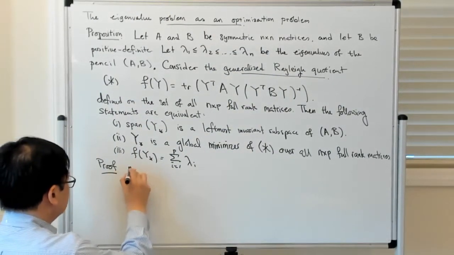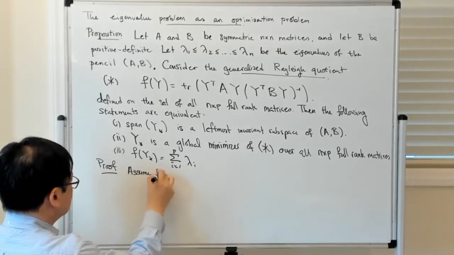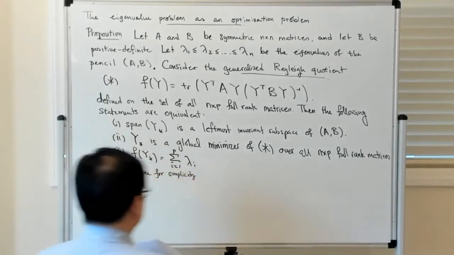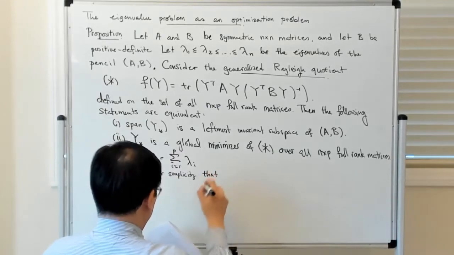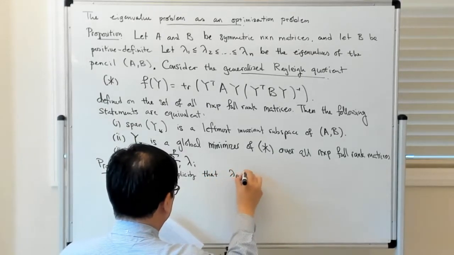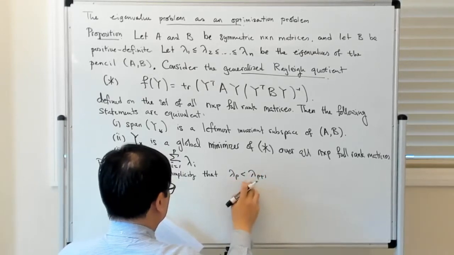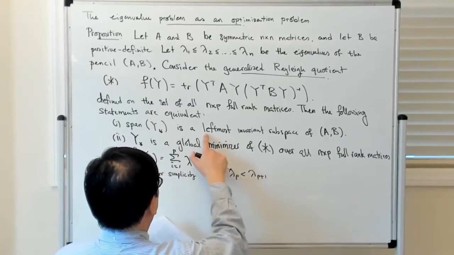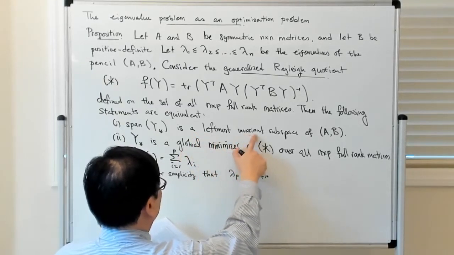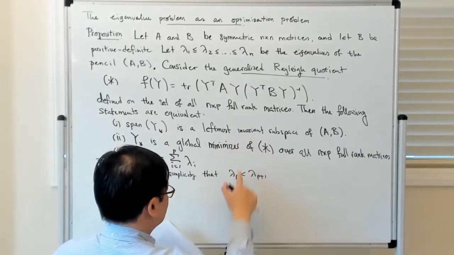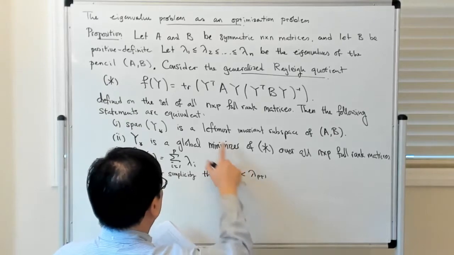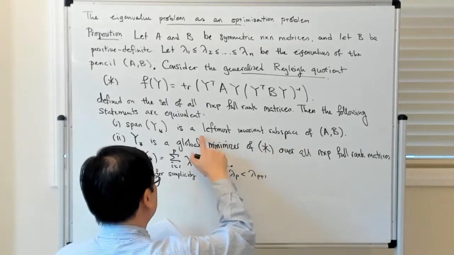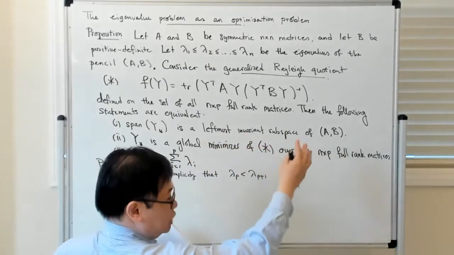So we assume for simplicity, actually, all we really need is that lambda p is less than lambda p plus 1. Okay, so this basically eliminates the case where there's some non-uniqueness in this leftmost invariant subspace. Okay, so if lambda p is strictly less than lambda p plus 1, then this p leftmost invariant subspace of AB is actually unique.